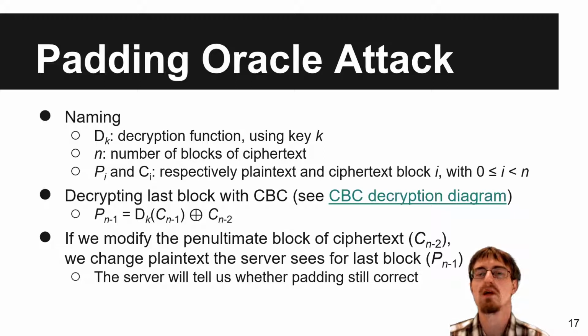So we can corrupt the plaintext that the server will see, and for particular values it will tell us that the padding is now corrupt. This leaks information about the plaintext, and because of the simple structure, the fact that we're using XOR, this is very predictable. And we can use that to decrypt efficiently the entire block.